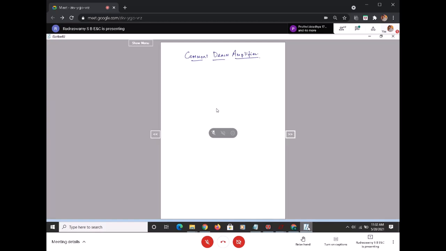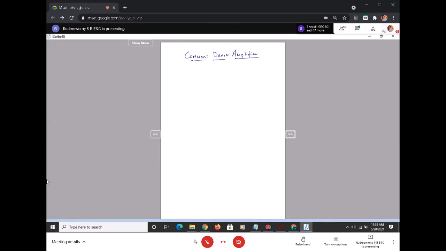So what does the common collector configuration or common collector amplifier do? Common emitter amplifier is something else. What is common collector? Current amplification.